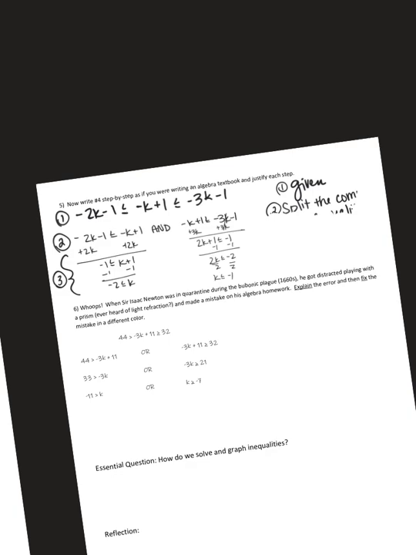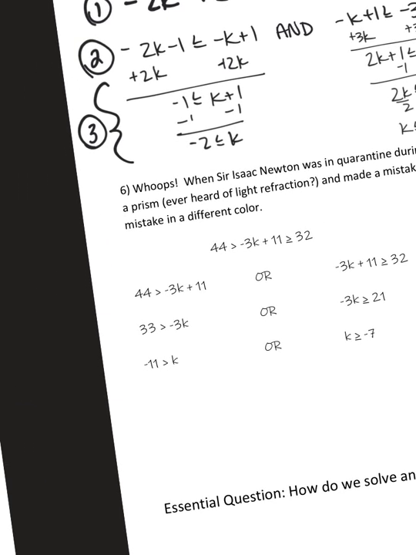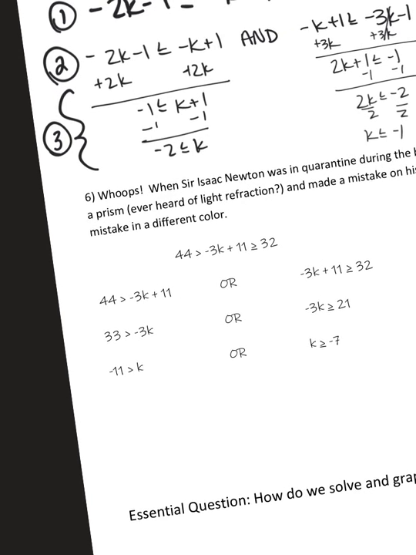And it looks like he split it, and let's make sure that he split it correctly. So 44 is greater than negative 3k plus 11. That looks good. And negative 3k plus 11 is greater than or equal to 32. That looks good. Okay, so he repeated this twice, which is good.